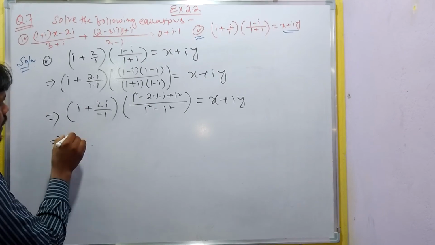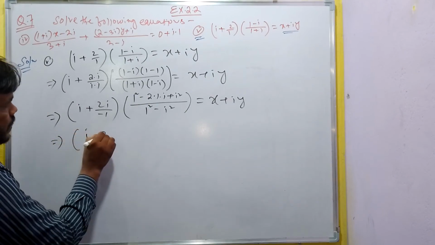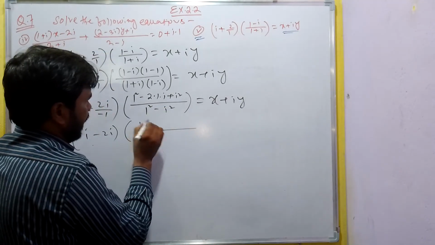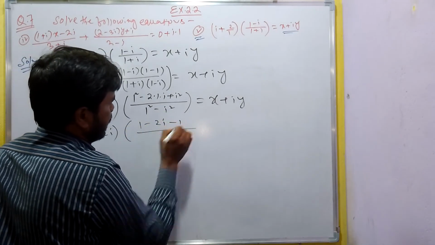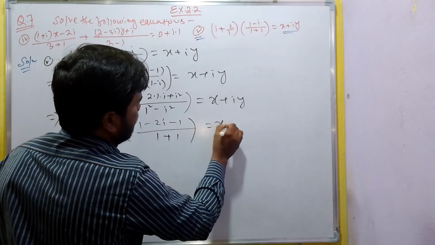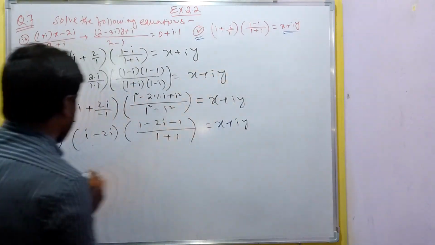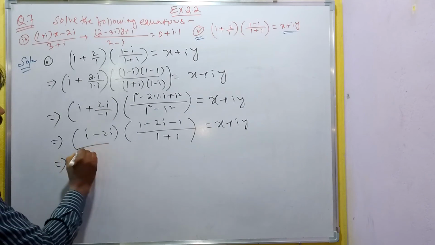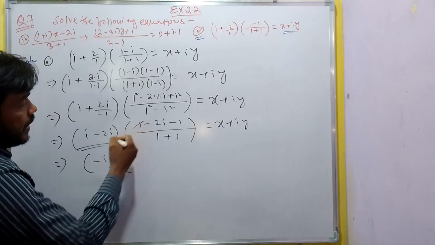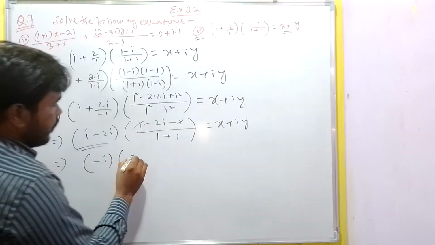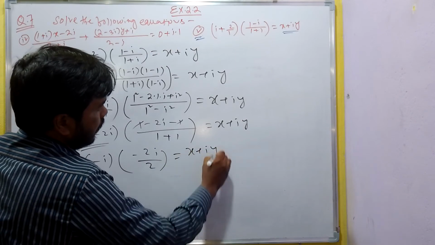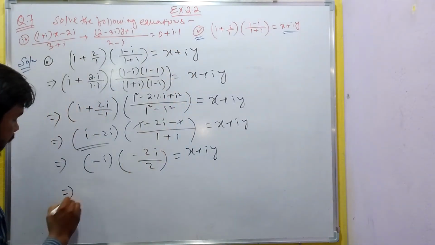So what happened here? You can see i - 2i. Numerator 1 - 2i - 1 by 1 + 1 = x + iy. Now this one plus 1 and this one minus 1 will be cut. -2i by 2 = x + iy.